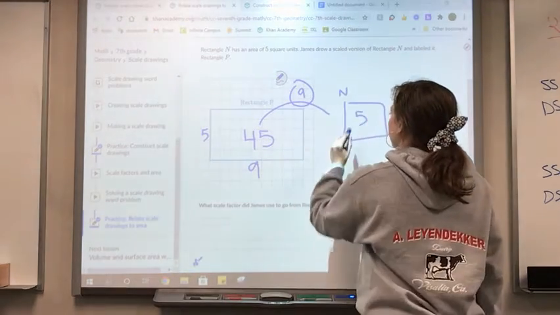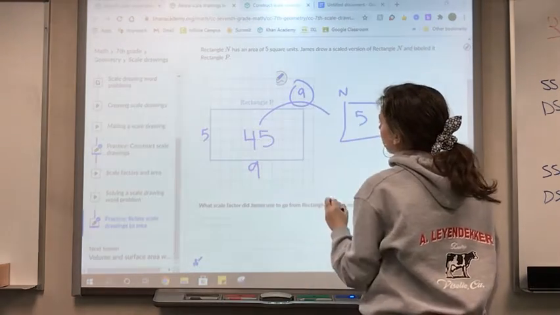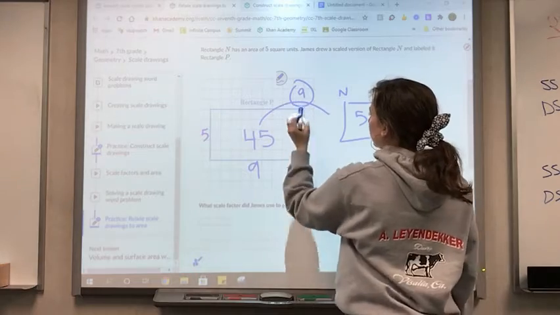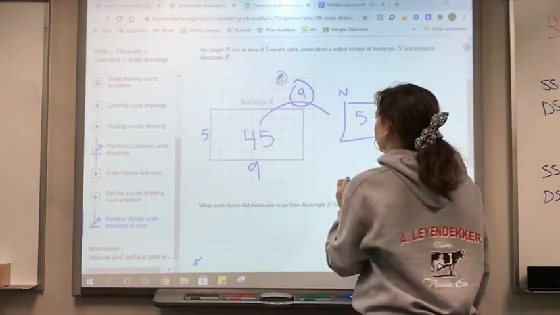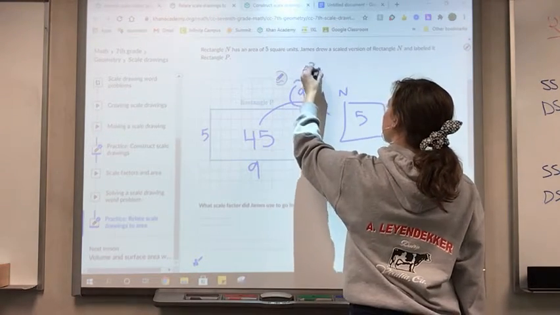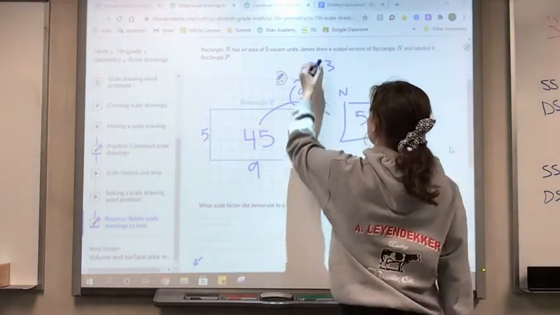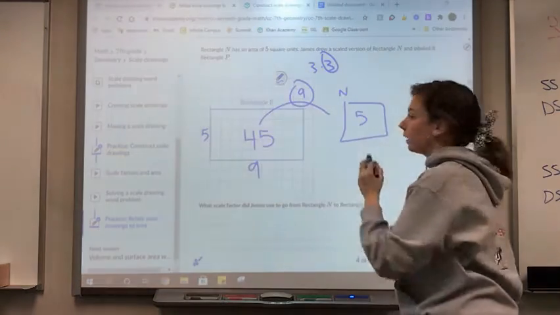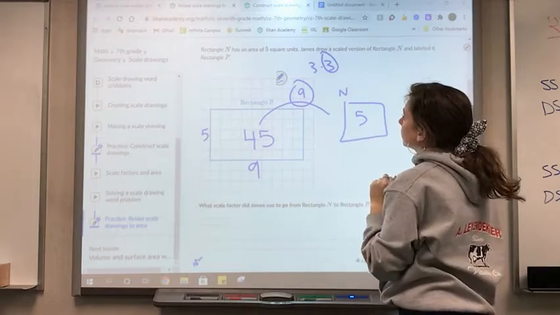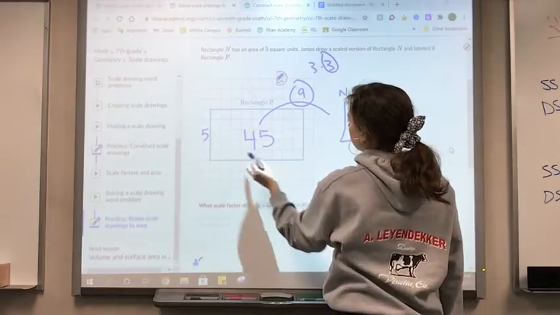So we need to find a number that we multiply by twice to get 45. So what times what equals 9? Well, we know that 3 times 3 equals 9. So our scale factor would be 3. Because if we do 5 times 3, that gives us 15 times 3 equals 45.